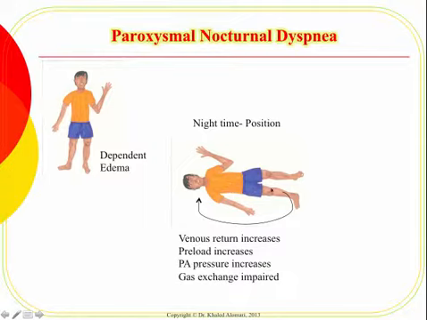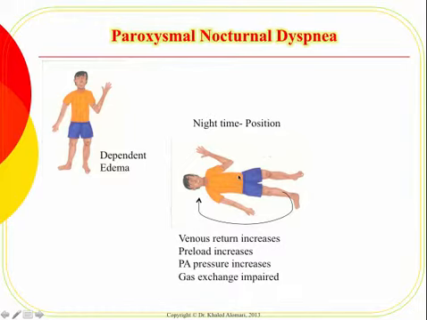It becomes easier for it to go to the right side of the heart, and from the right side of the heart to the pulmonary circulation, and that increases the pressure in the pulmonary circulation, which could be already high because of left-sided heart failure, and that will increase the pulmonary edema, and that's why the patient wakes up feeling like they are suffocating or like they are drowning. Again, because of this position that the patient assumes at night.